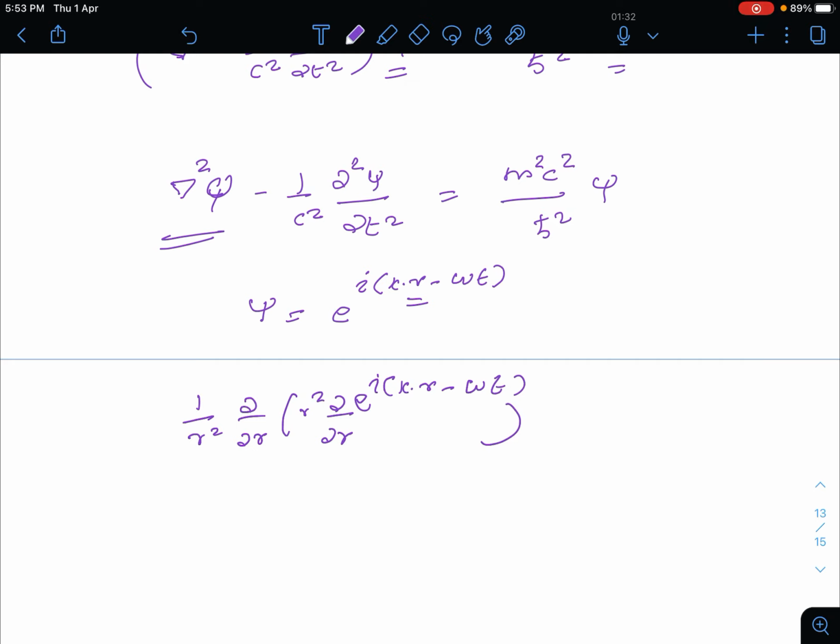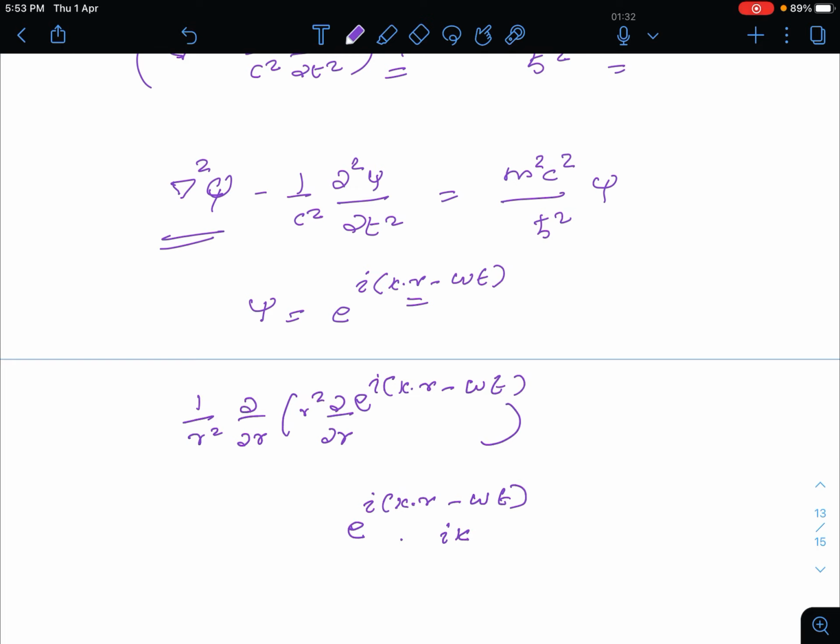First of all, let's assume that k and r are in the same direction, so that k dot r is equal to kr. What happens? That becomes dou by dou r of r square times ik e raised to i(k dot r minus omega t).